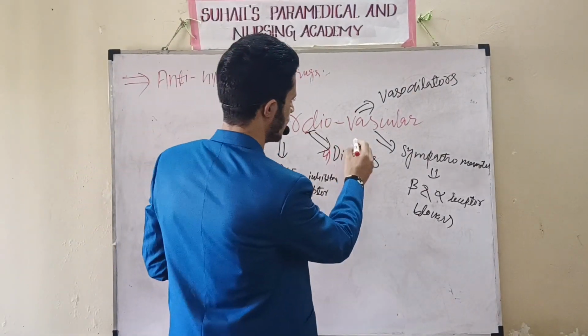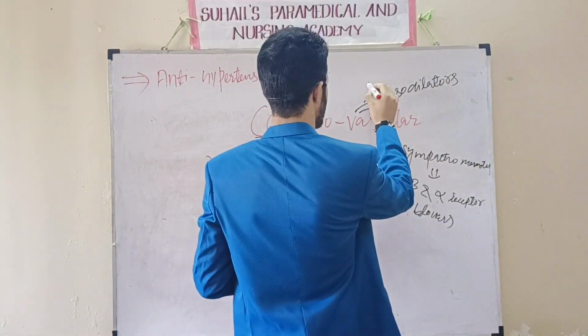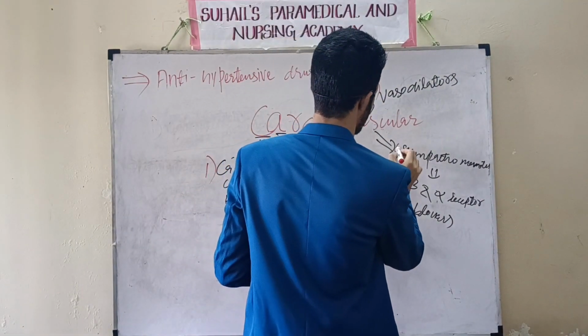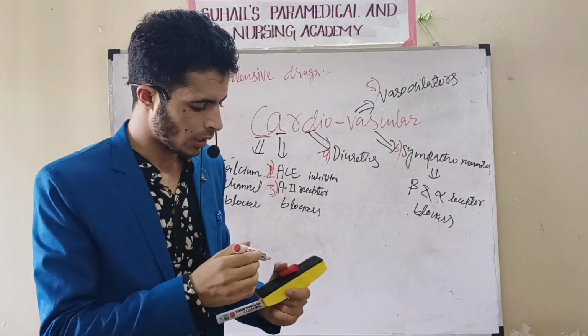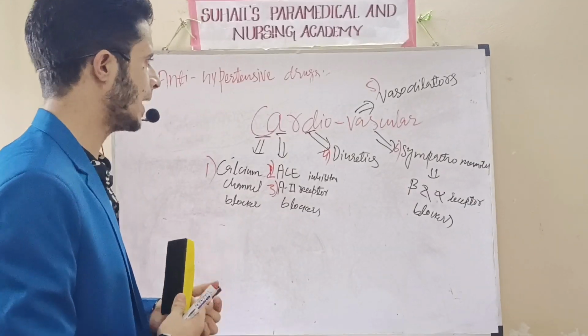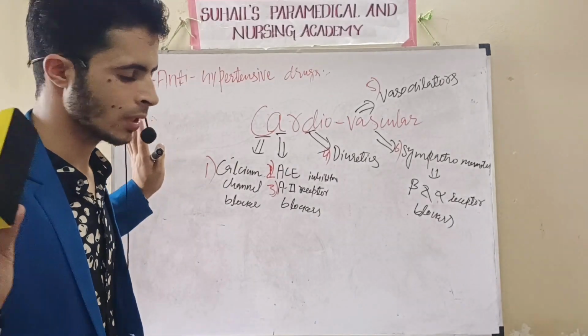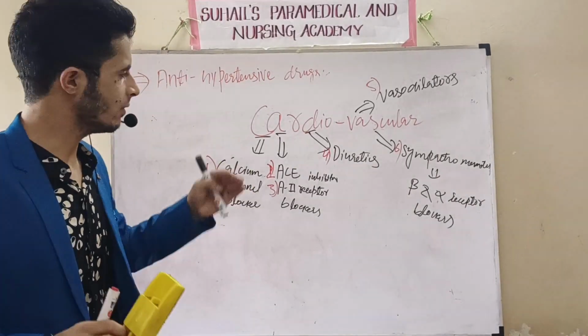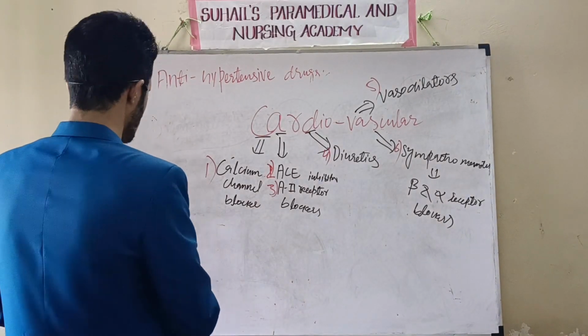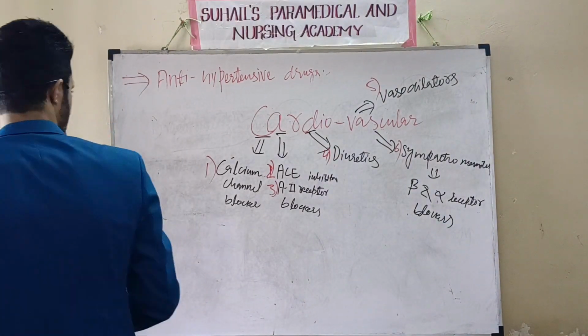D for diuretics. Then fifth will be V, vasodilators. Then S for sympathomimetics. So six classifications I have told you. Now I will tell the drugs which are coming in this classification. At least you remember this mnemonic. You can take the screenshot. Okay, so the first classification I will tell here.